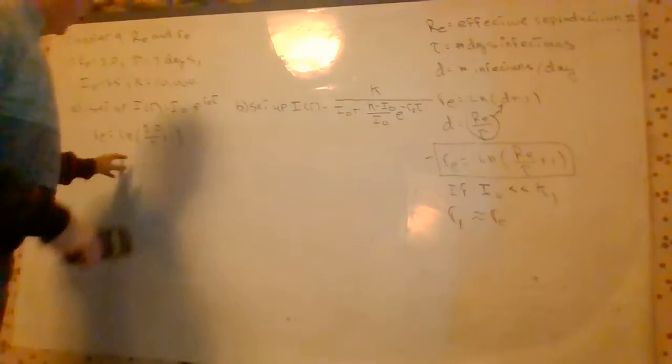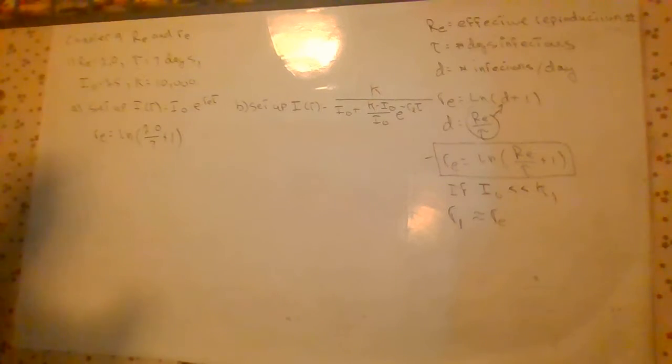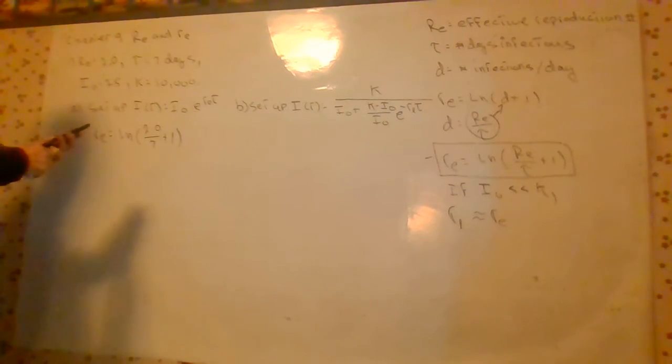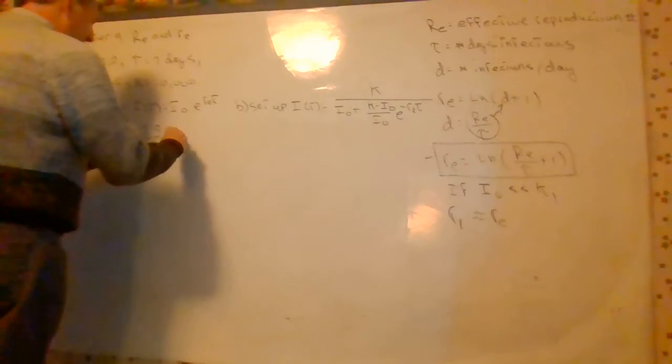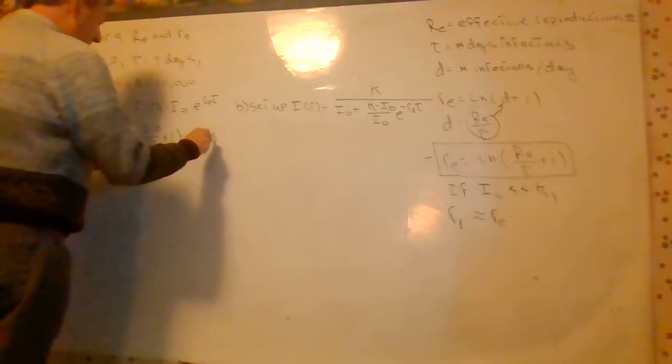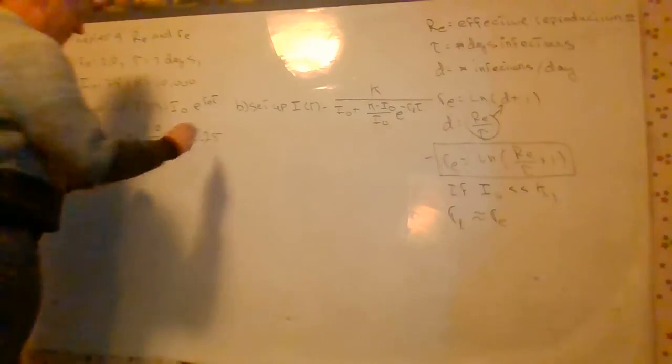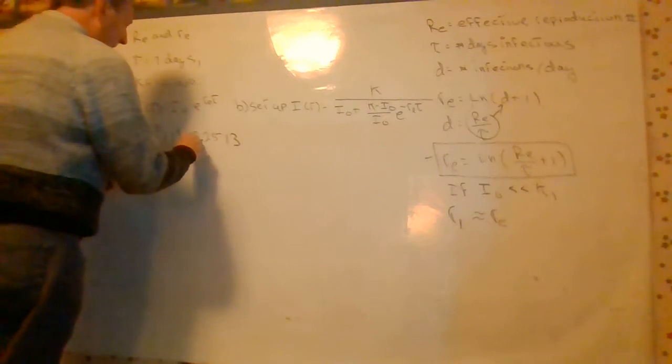And then plus 1. Then we want to take the natural log. And let's see what we get. Okay, we hit the natural log, and looks like we get 0.2513.